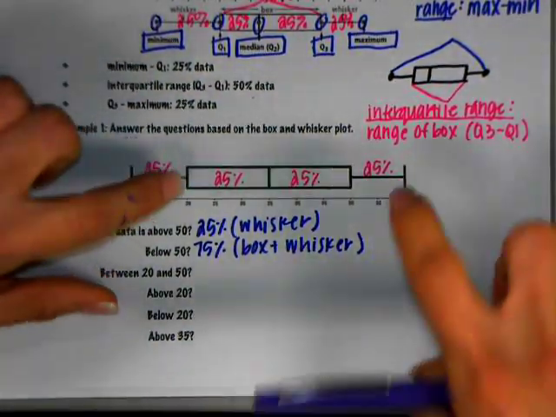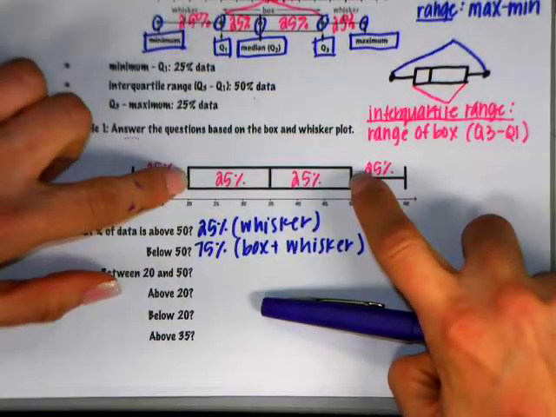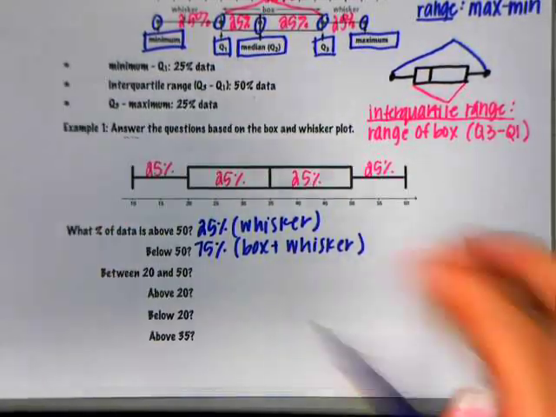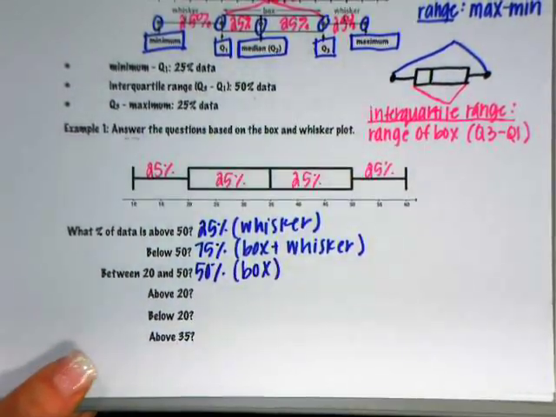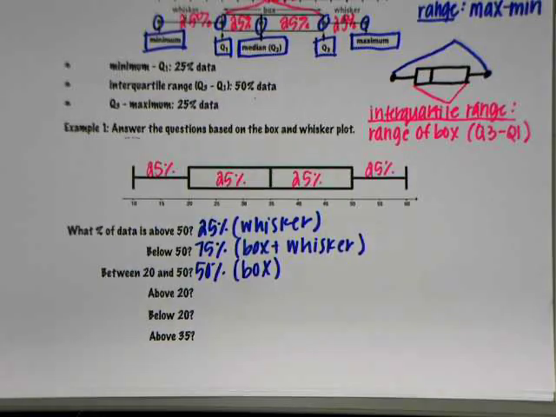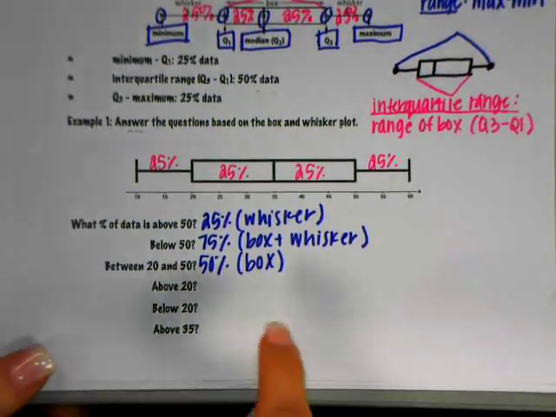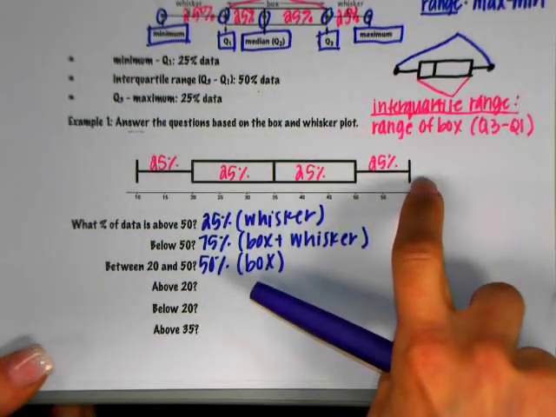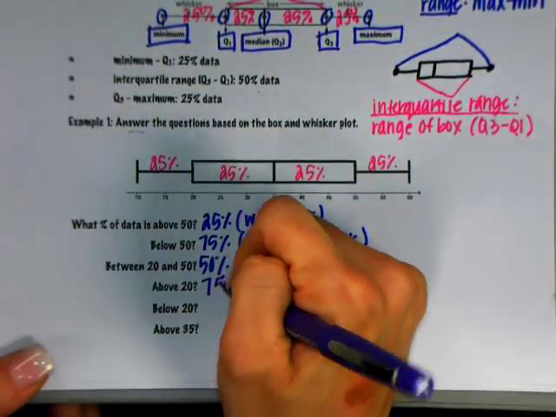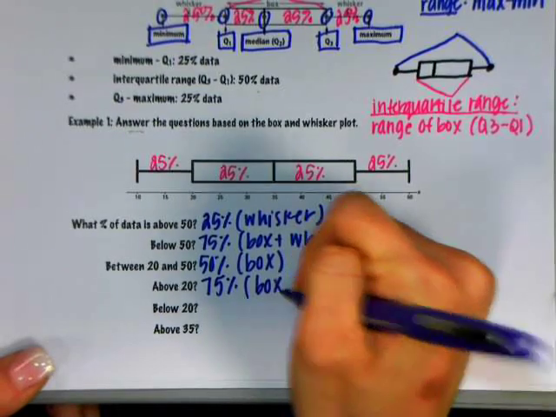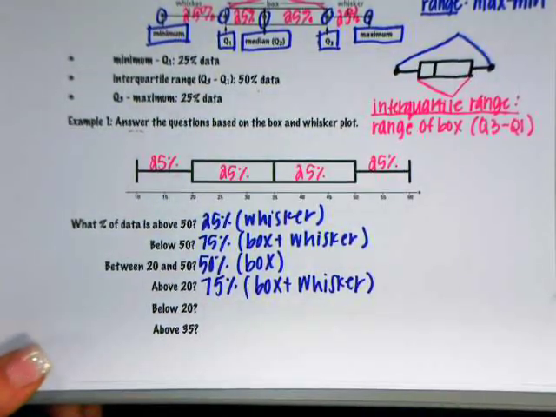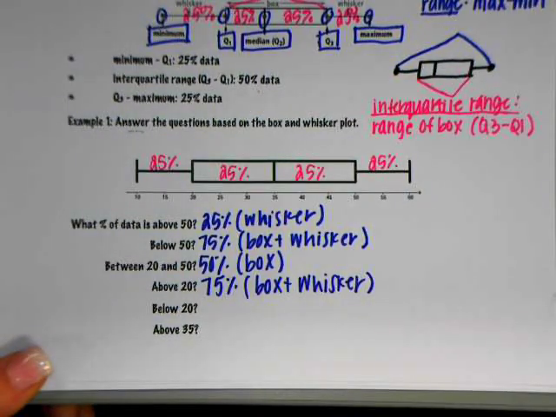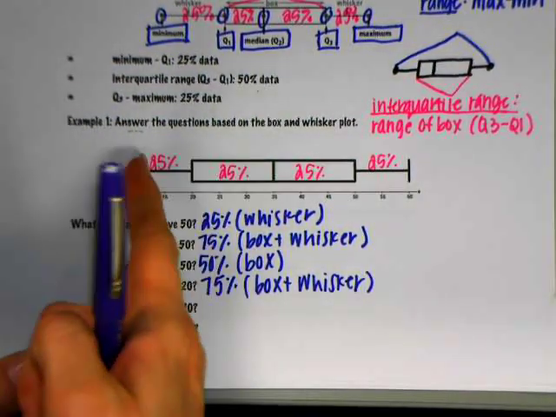Okay, between 20 and 50 would be what? Yep, 50%, because it's just the whole box. Okay, above 20 would be what? Yep, 75%, because it's a box plus whisker. Below 20.